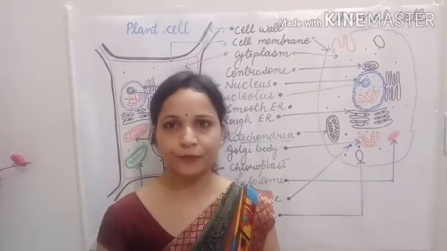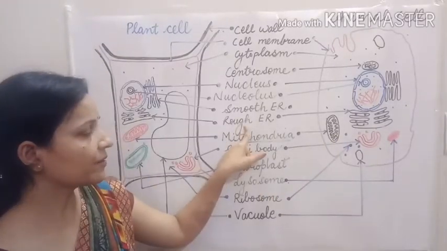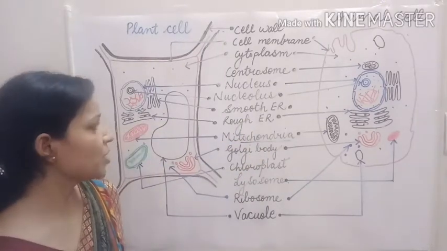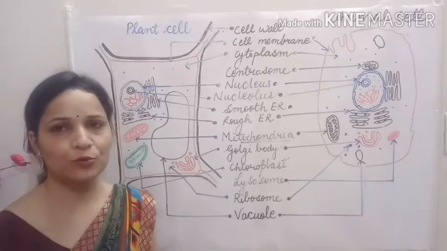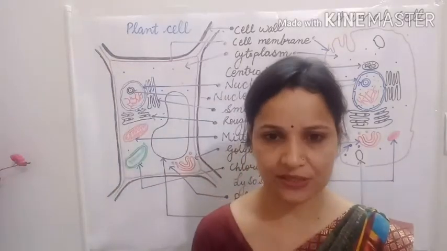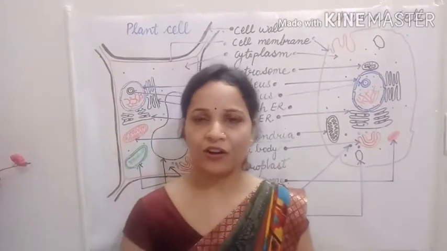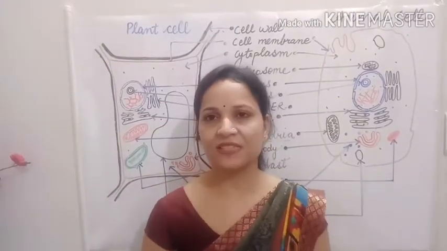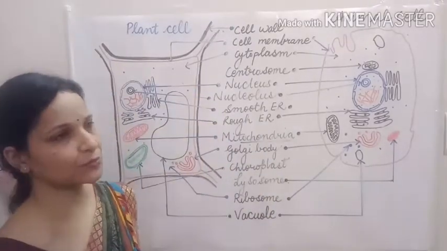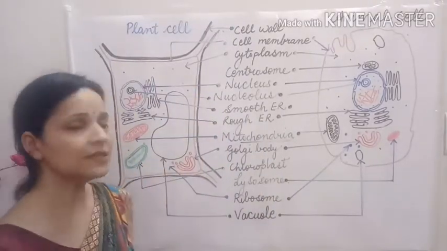Third, rough endoplasmic reticulum has ribosomes, so this type of endoplasmic reticulum is the site for the synthesis of proteins. So rough endoplasmic reticulum is the site for the synthesis of protein and helps to transport substances around the cell.